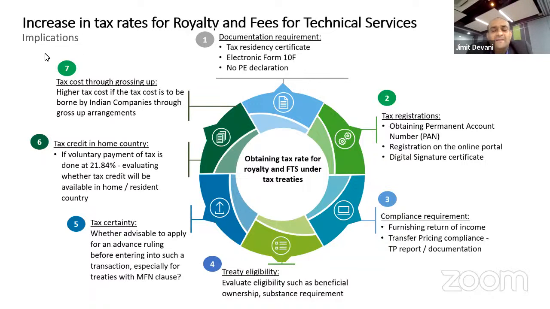Let's assume the country from which the services are rendered is, say, Switzerland. So the Swiss company needs to go and obtain this certificate from the Switzerland tax authority stating that they are a tax resident of Switzerland.